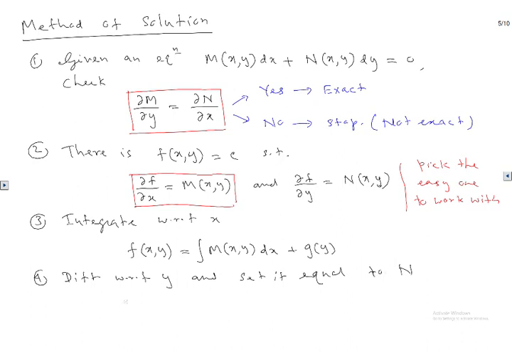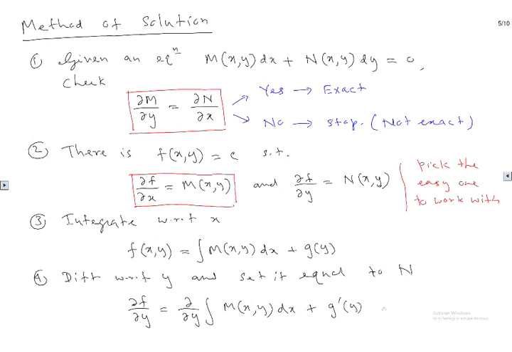So let's do that. We take the y partial derivative of this function, the integral of M(x,y) dx plus g(y). Because the g function is a function of y only, if you take the partial derivative, it's just a regular derivative, so you end up getting g prime of y here.